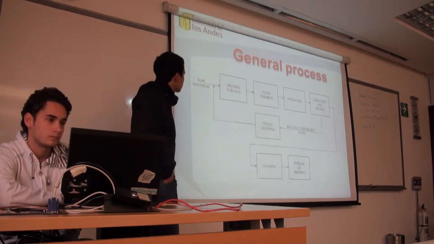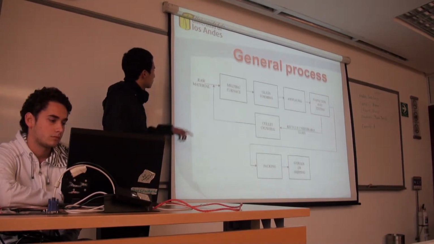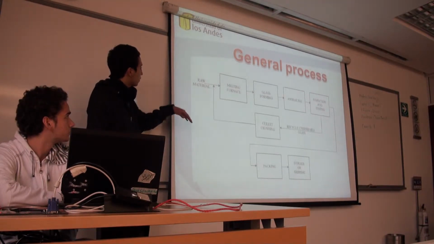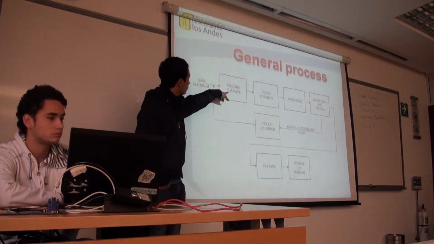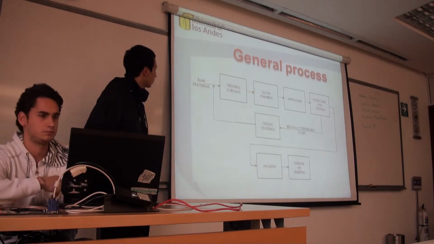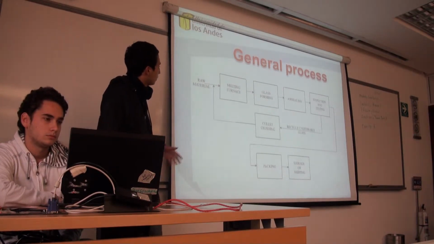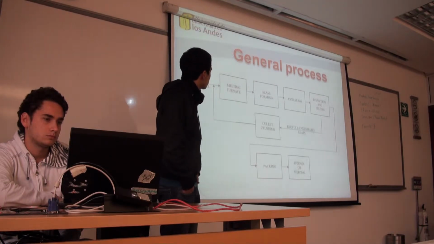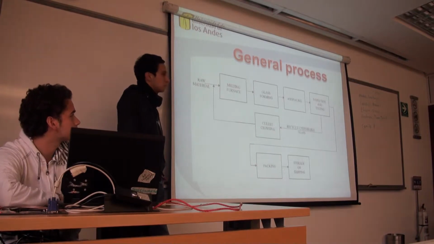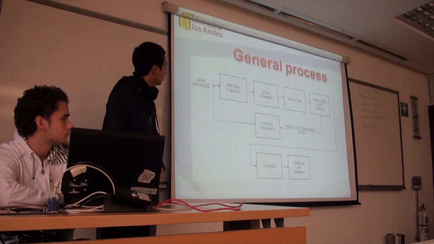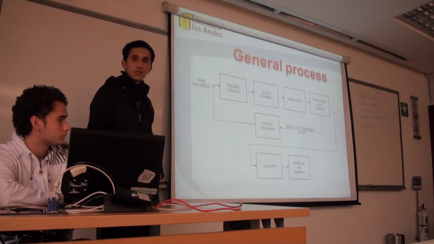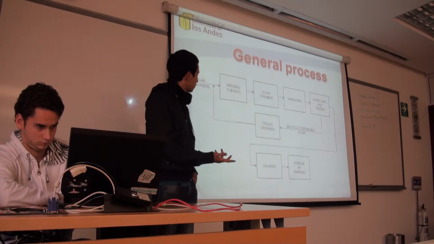About the general process, first we have the raw materials that are burned in the melting furnace, where you do the mix of the glass. Then you pass to the glass forming, where it is put in some forming stage to give some forms.